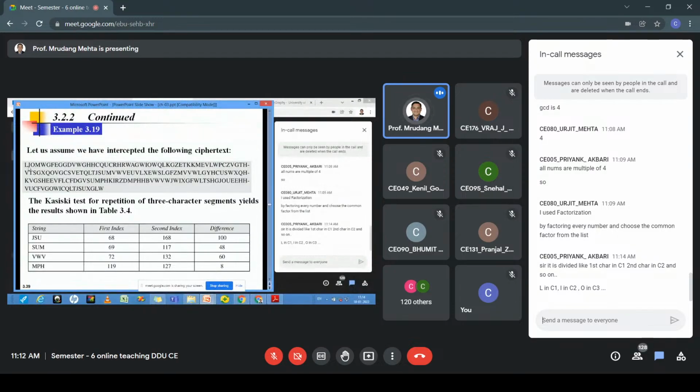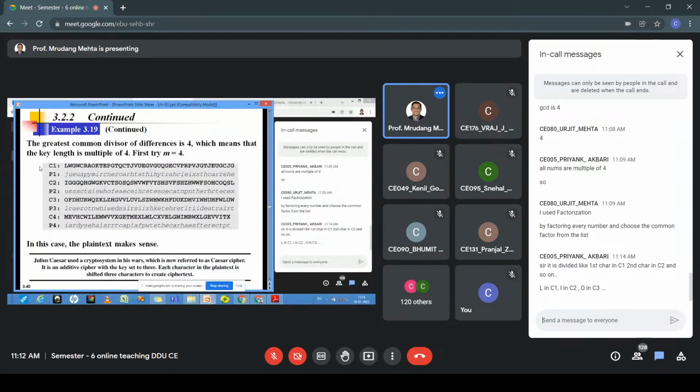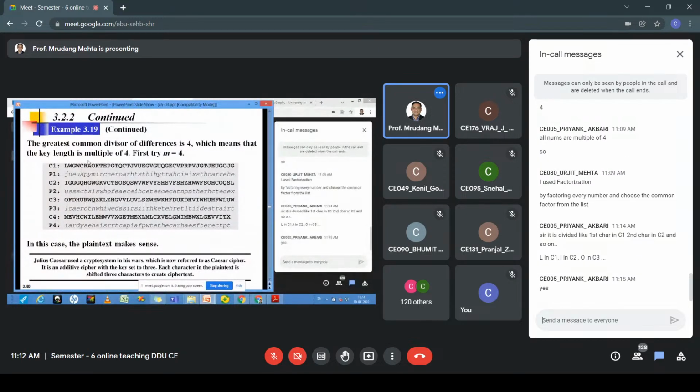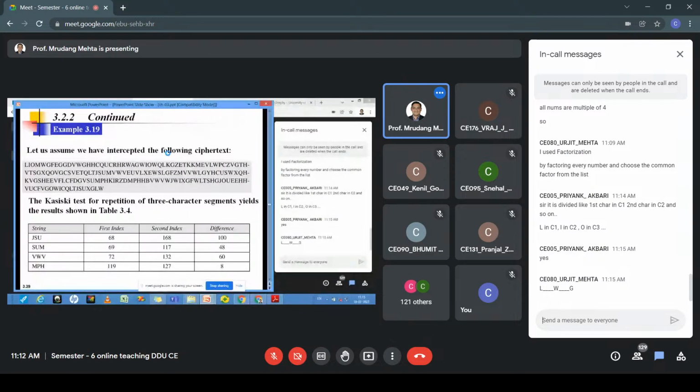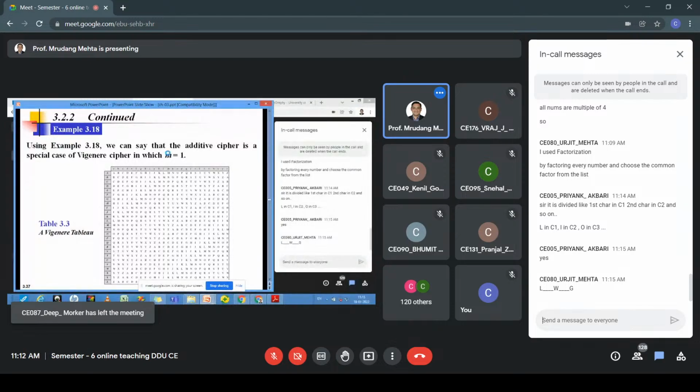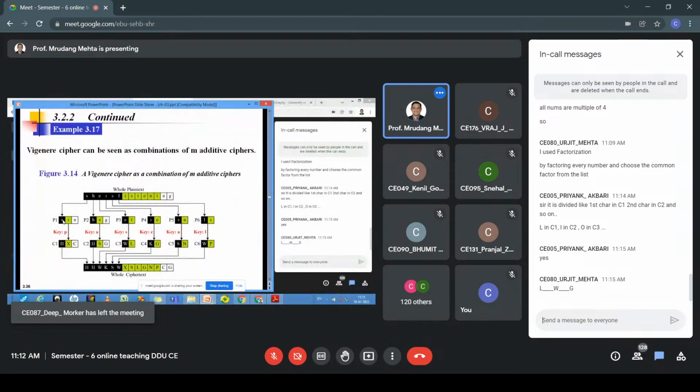You are saying that we are arranging it in this way, LIOM. LIOM, right? That is because m equal to 4. So what happened here? If you look at this, if the key is repeated, we will have the same cipher text, right?